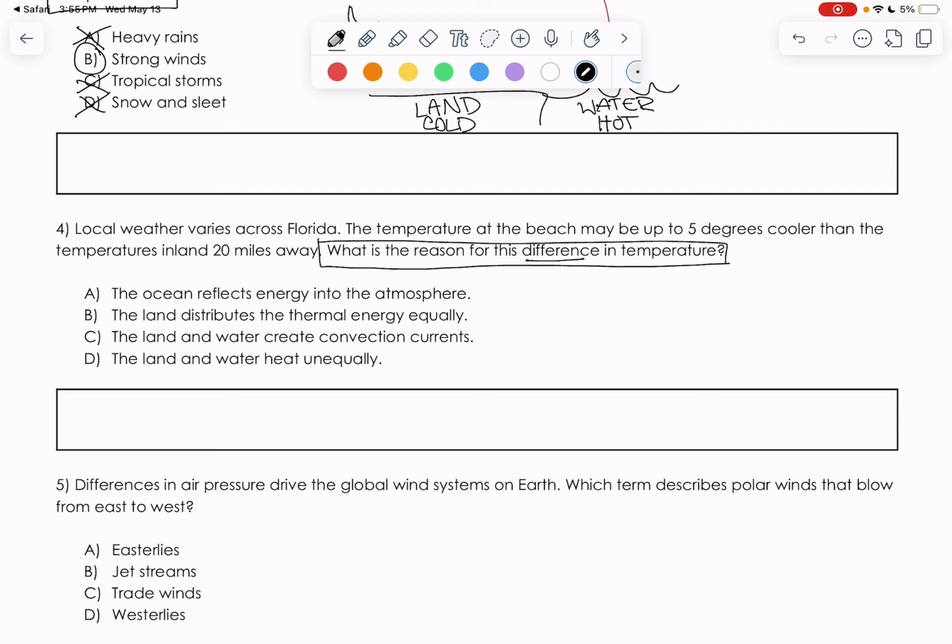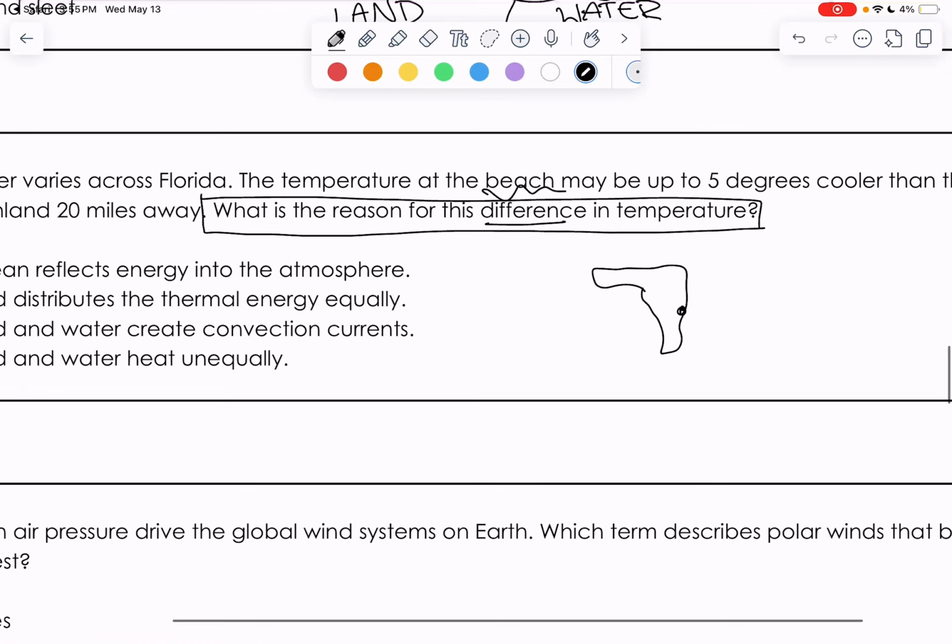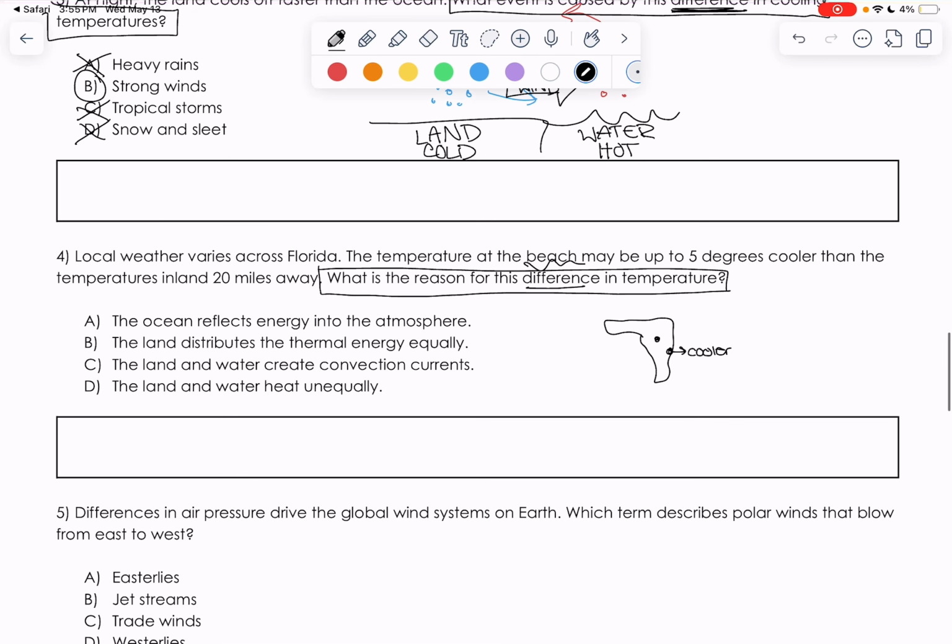So it's talking about the temperature at the beach. Okay, let's imagine Florida. So the temperature at the beach right here is cooler than it is inland right here. So it's cooler here. Why? It is not just because the land and water heat unevenly, because we're talking about comparing land and land.